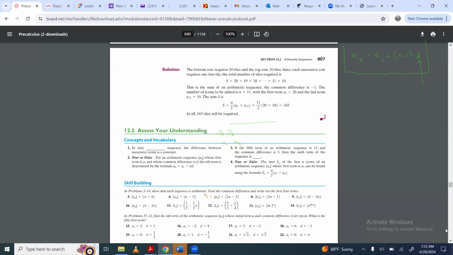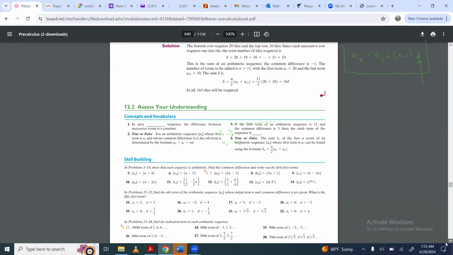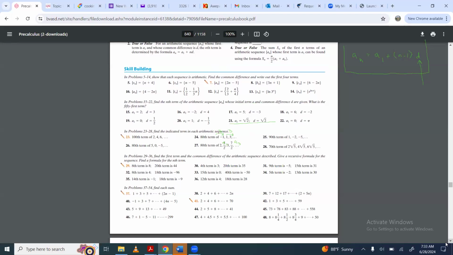So we can get one of those. For example, if I try problem number, let's get something odd looking, like maybe 20. So they say, how about 51st term of this sequence?